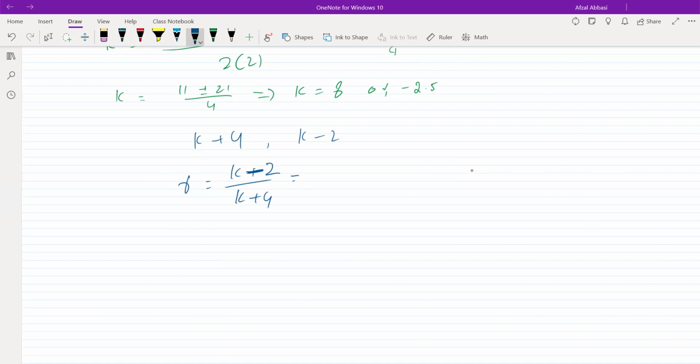If k is 8, r will be 8 minus 2 over 8 plus 4, which is 6 over 12, or 1 over 2.